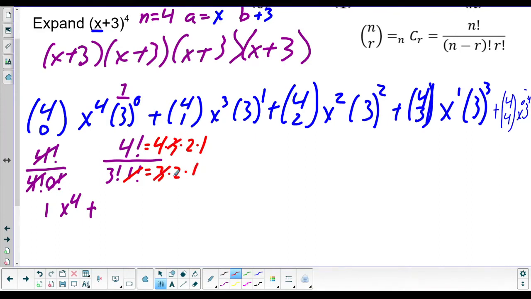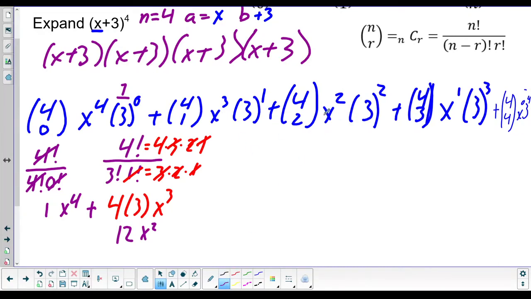So the 3's cancel, the 2's cancel, the 1's cancel. This is 4 over 1. So this is 4 times 3 to the 1st power is 3. x to the 3rd power is just x to the 3rd power. So this is going to be 12 x cubed. Okay. These middle ones get a little tricky here.